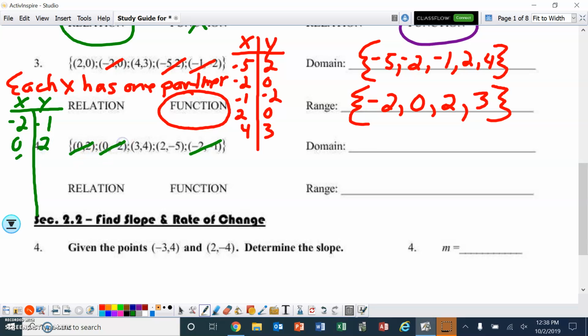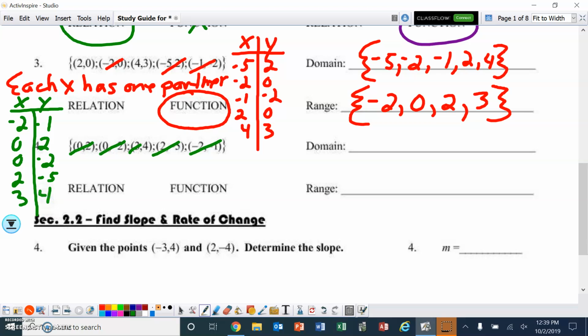I have another 0 with a -2. I have another 2, or a 2 with a -5. And was that a -5? Yes. And then we've got a 3 with a 4.